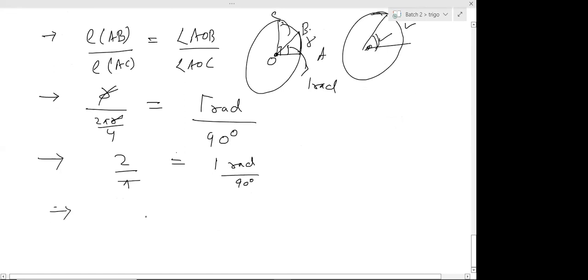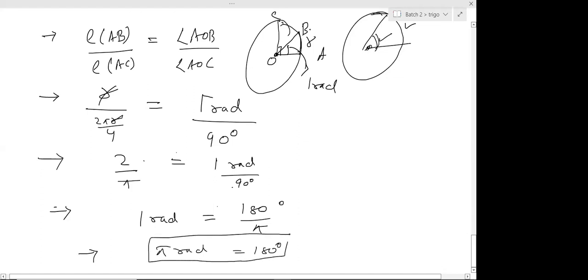Or you can say 1 radian equals 90 into 2, that is 180 upon pi degrees. Or you can say pi radian is 180 degrees. This is the relation we have, that pi radian is 180 degrees. Now, whenever you see any angles in degrees or radians, you'll be able to convert them into the other unit. All right, note it down. This is clear? Rahman, Shafullah, Mazia.